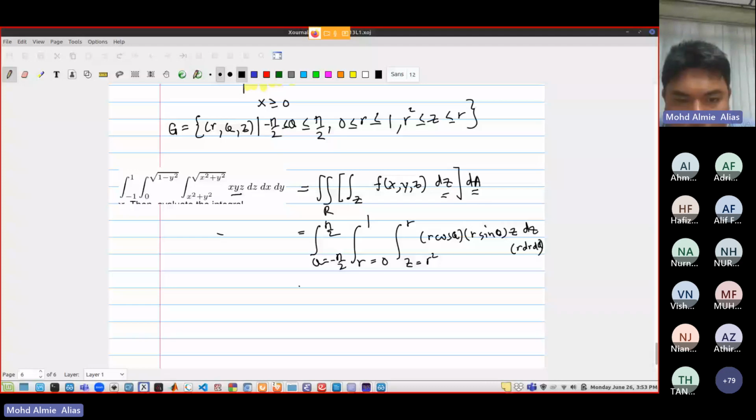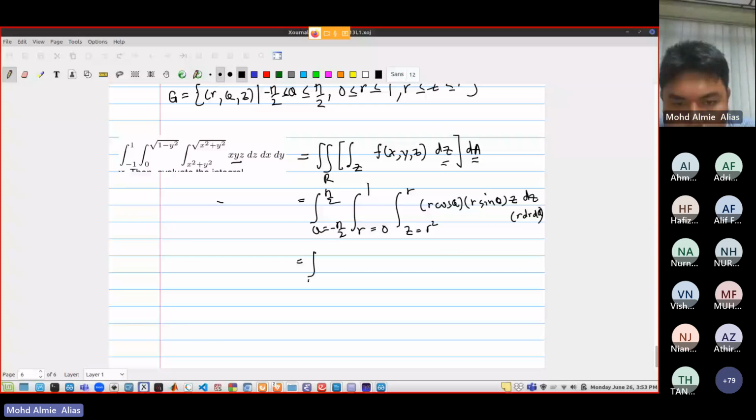Okay, so let's rewrite it just to make it a little bit tidy. My handwriting is not really good. So you have r cubed, because you have another r here, and then z, sine theta, cos theta, dz dr d theta.